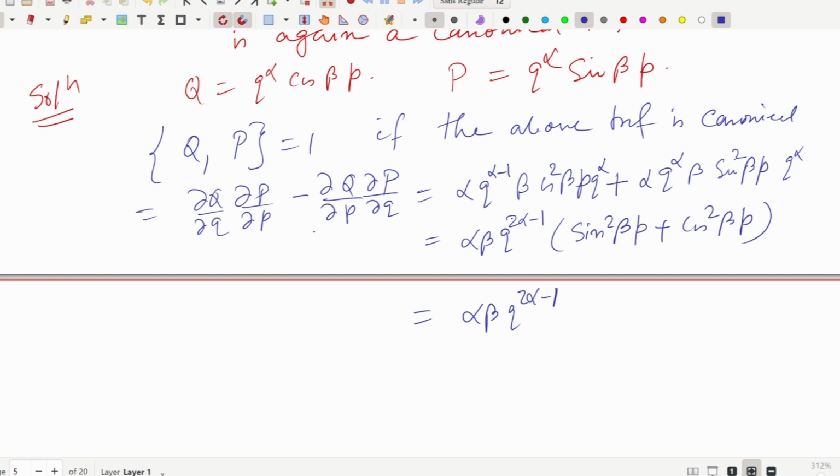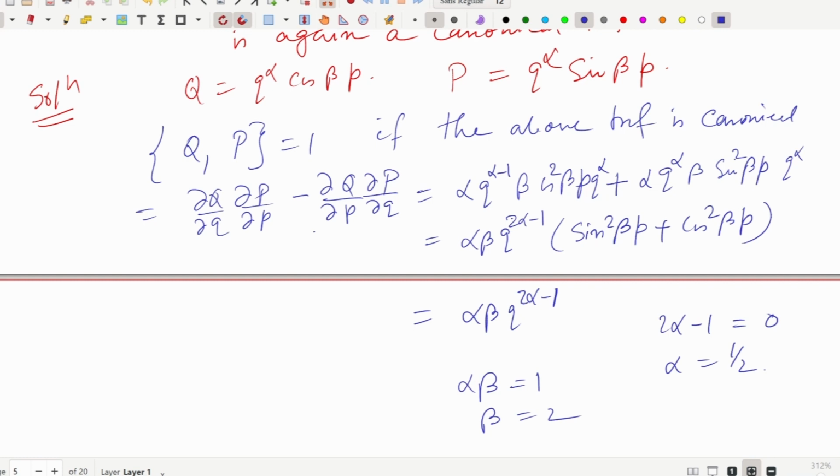Okay. So, now this quantity has to be 1. So, it cannot depend on q. So, 2 alpha minus 1 has to be 0. So, alpha equal to half, and if alpha equal to half, then it is q independent, but remaining with alpha beta, so alpha beta has to be 1. So, beta has to be 2.